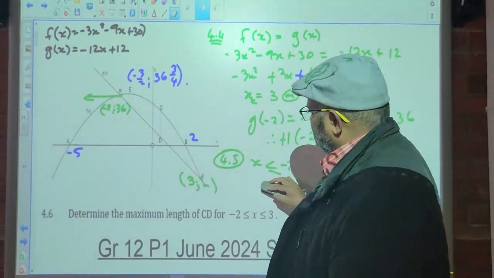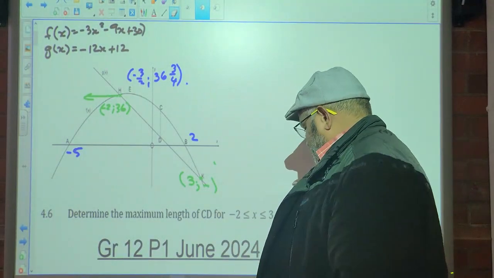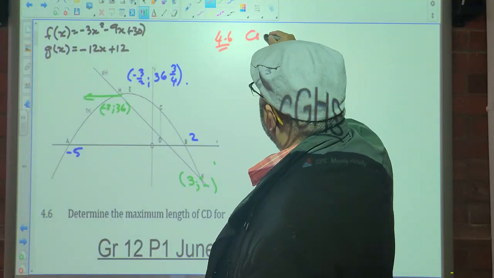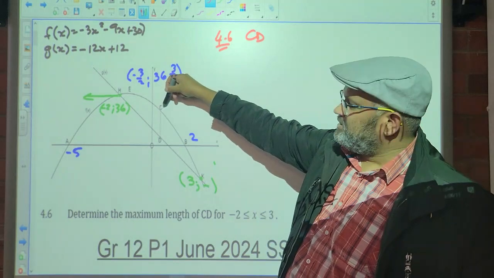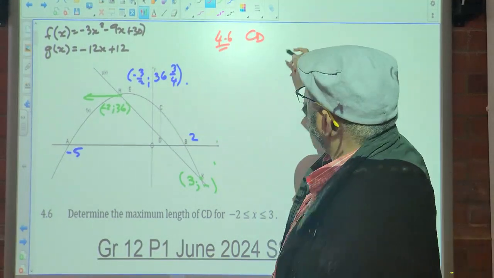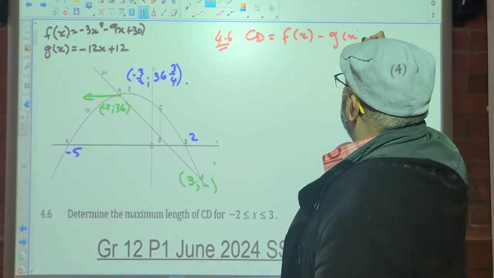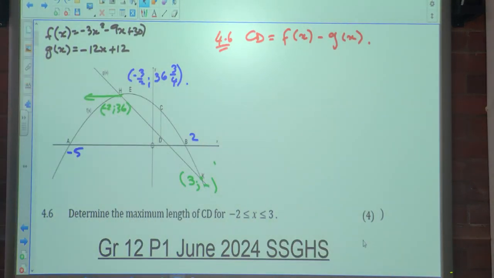So how do you calculate the length of CD? It's going to be the top graph minus the bottom graph. Looking from on top, C comes first. So which graph is on top? Is the F graph or the G graph on top? F graph. So it's going to be the f of x graph minus the g of x graph. What is the equation of the f of x graph?